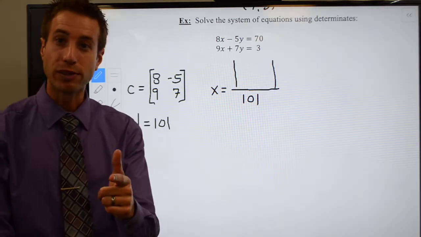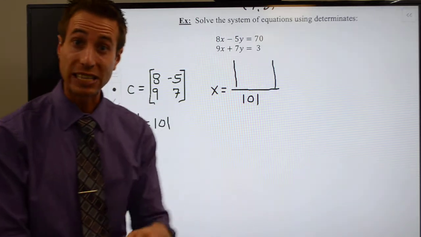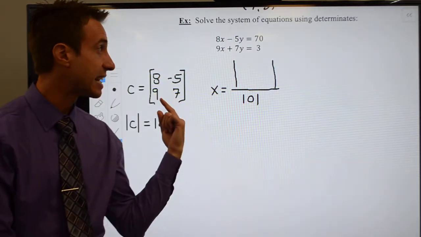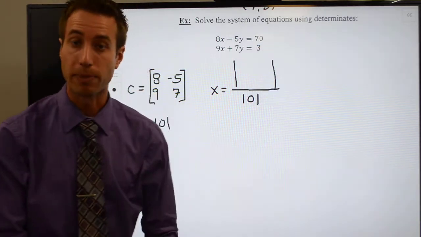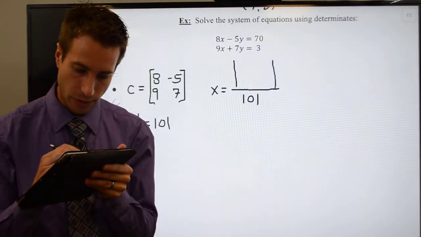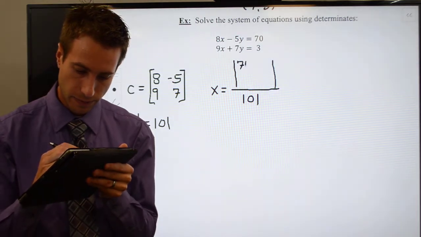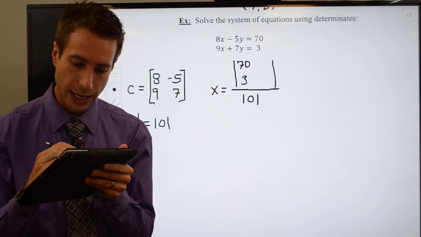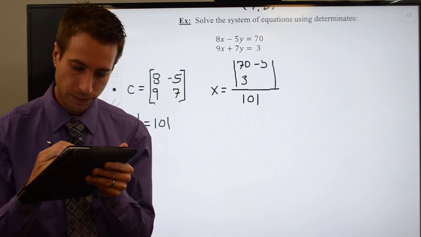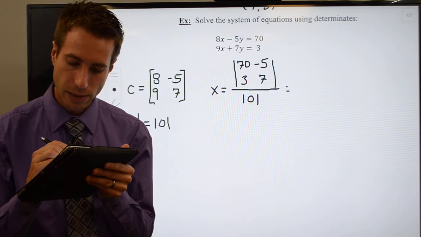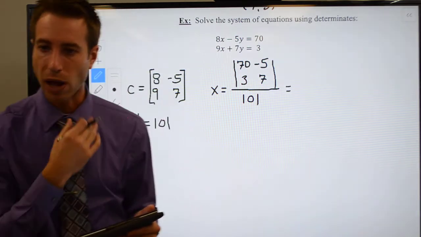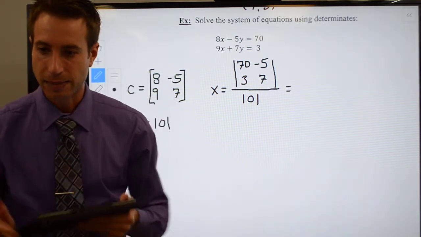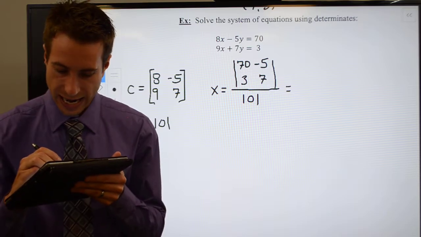All right. I'm solving for x. We need to replace the x coefficients. The 8 and the 9 get replaced with my constants, 70 and 3. Keep the y coefficients. Calculate your determinant. I multiply the 70 times 7. I wind up with 490.